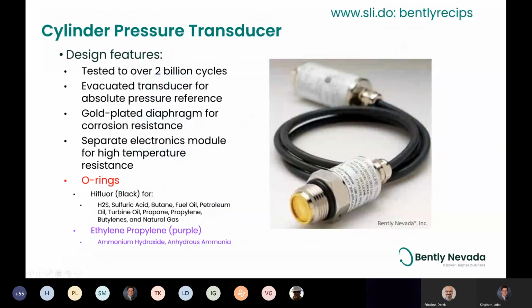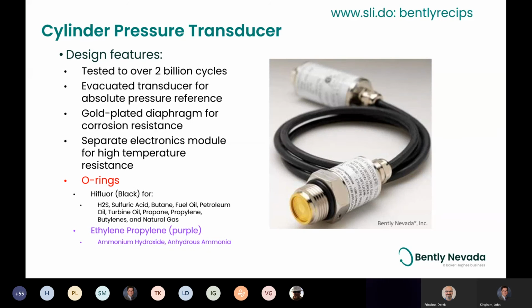Here is the actual transducer. And I'd like to point a couple things out about it. It was designed and tested to over 2 billion cycles. And that sounds like a lot, and it is a lot. Some transducers that I've worked with, the OEMs say, hey, our pressure transducer has been tested to over 1 million cycles, which sounds impressive until you do the math.